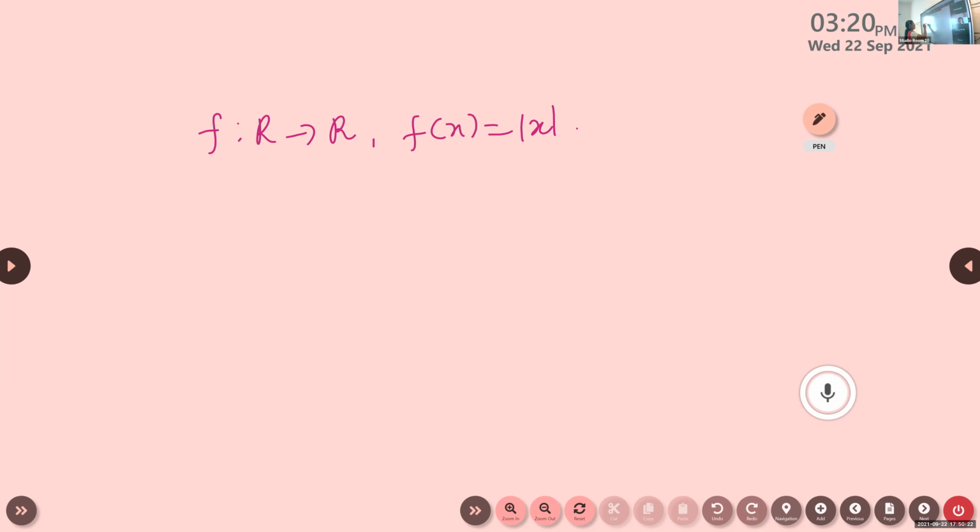Second one, g from R to R given by g of x is equal to the greatest integer function.